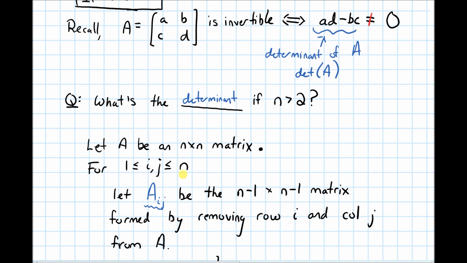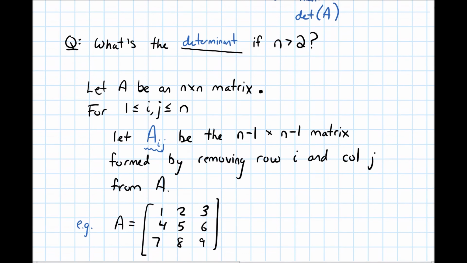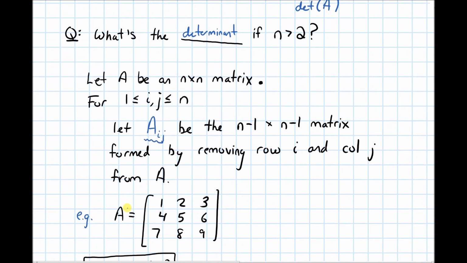Let's do an example to get a feel for what this notation is saying. Let's say that A is this matrix right here. What would capital A subscript 2,2 be? Here's the entry in row 2 and column 2.